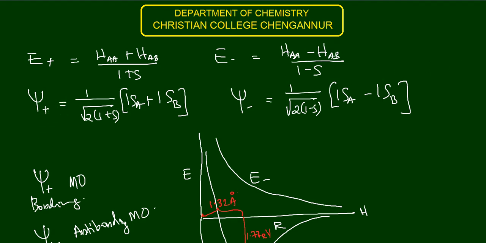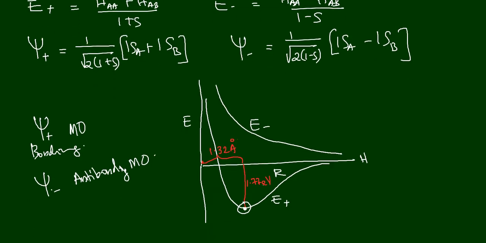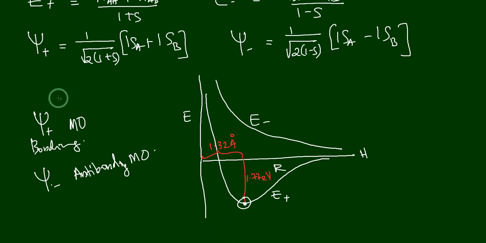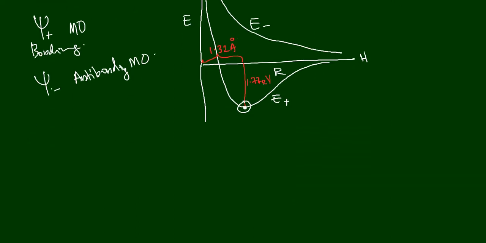So essentially what we are doing there is adding two atomic orbitals, 1s A and 1s B. Let us check what happens when these two atomic orbitals are added. So this is the internuclear axis, and let me draw the points where the nuclei are.